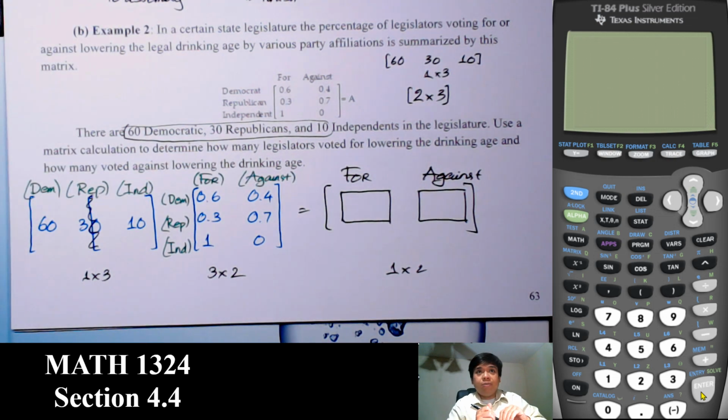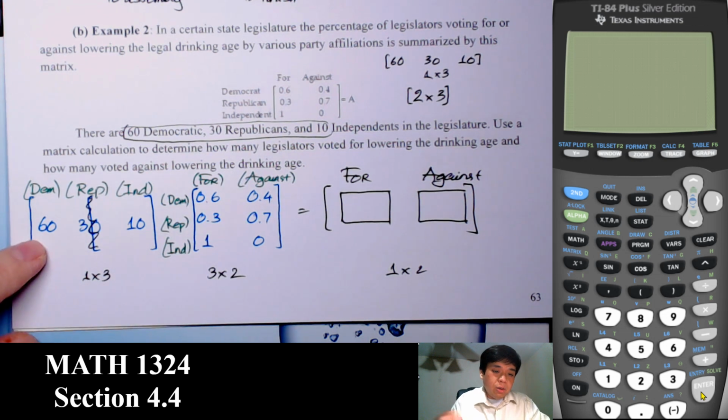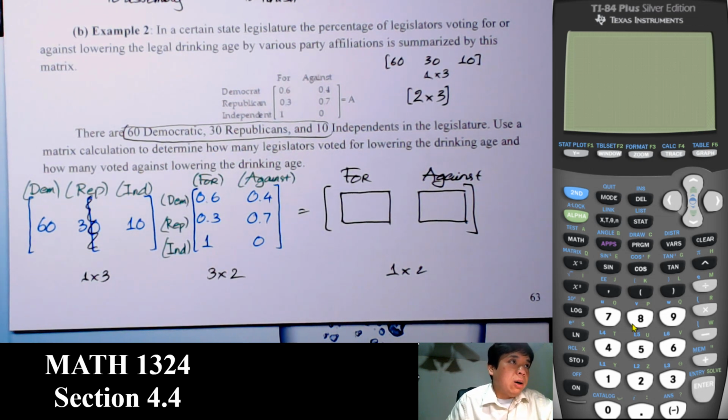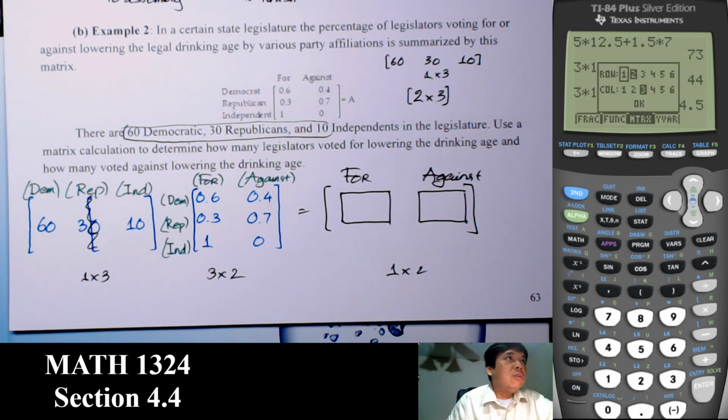We just multiply row times column, or I just say, yeah, just use the calculator here. It's simple enough. 1 row 3 column. And then 3 rows 2 column.